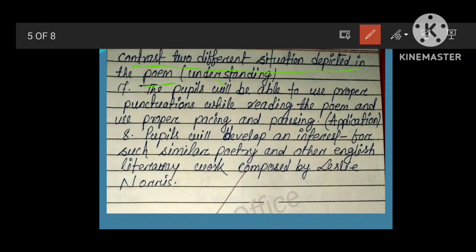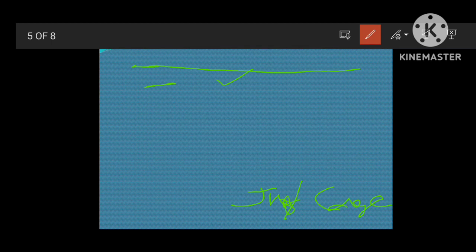One situation is that the tiger is moving around in the jungle, and the other situation is the tiger in the cage. So these two different situations, the pupils will be able to compare, as well as have a contrasting view of how these two situations are narrated in the poem.